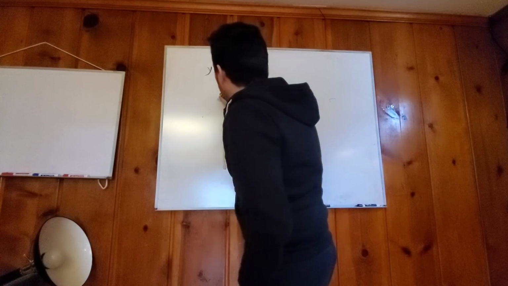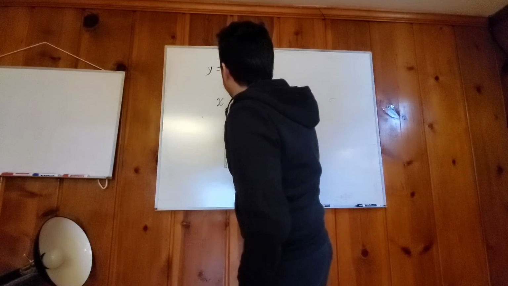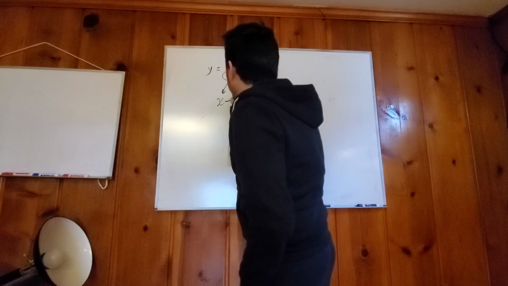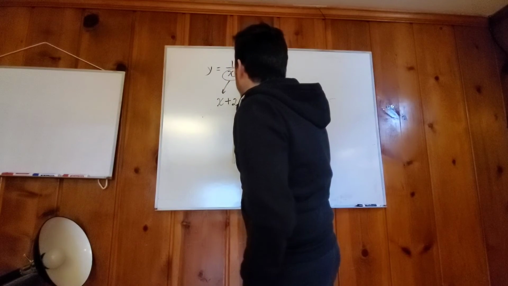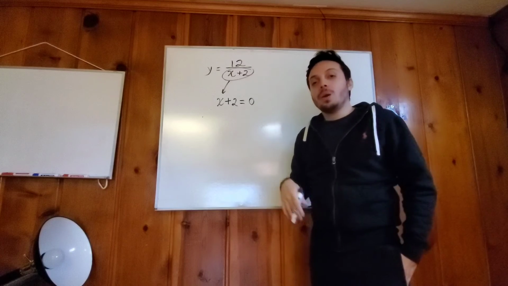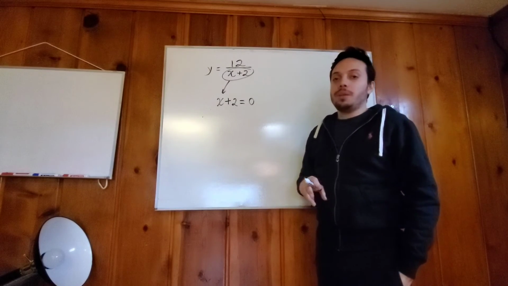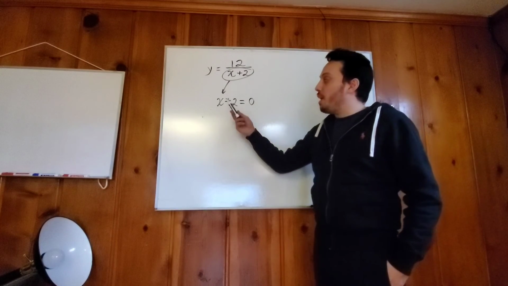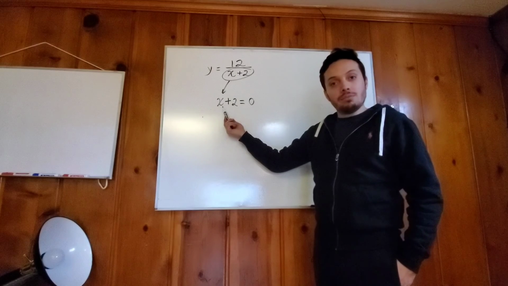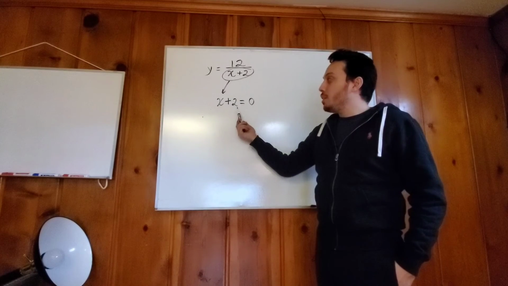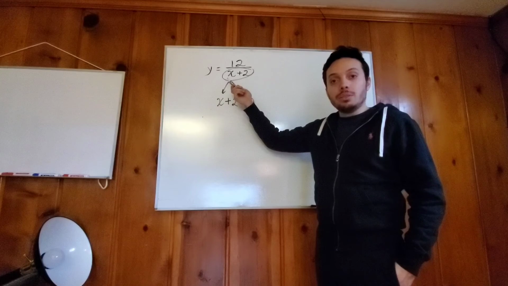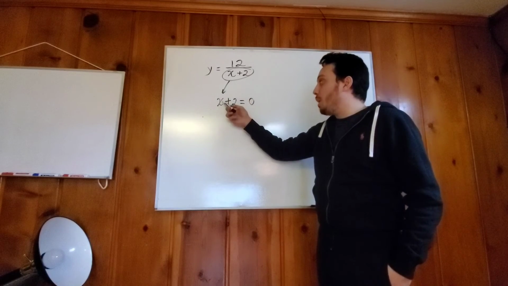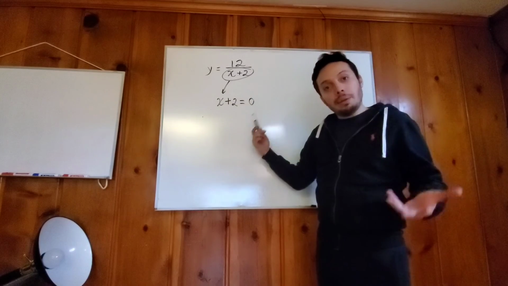So we're going to say, well, I'm going to take my denominator, bring it down here, x plus 2, and I'm going to make it equal to 0. Why am I going to make it equal to 0? Because that way, I'm going to find out what value of x cannot be put here, because if not, then the whole thing would be equal to 0. That makes sense, right?